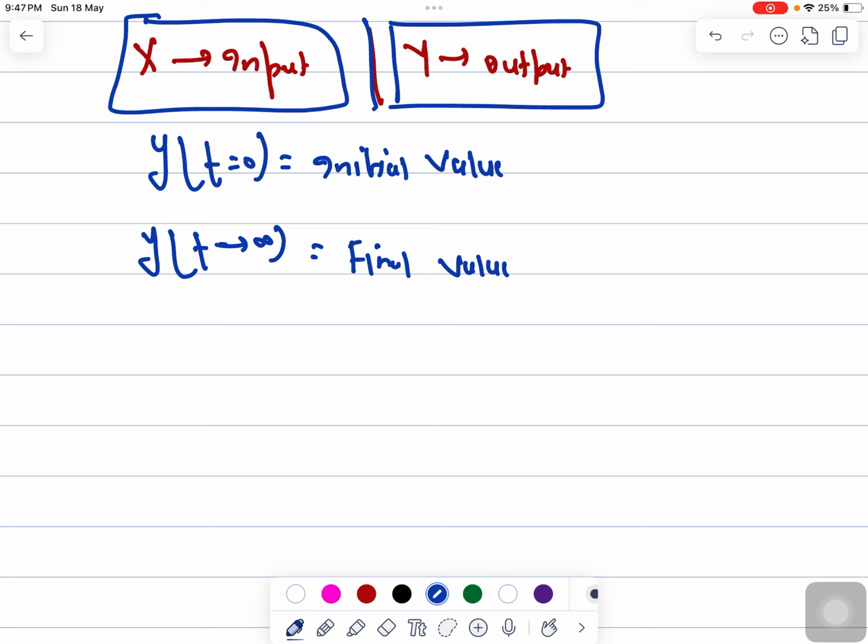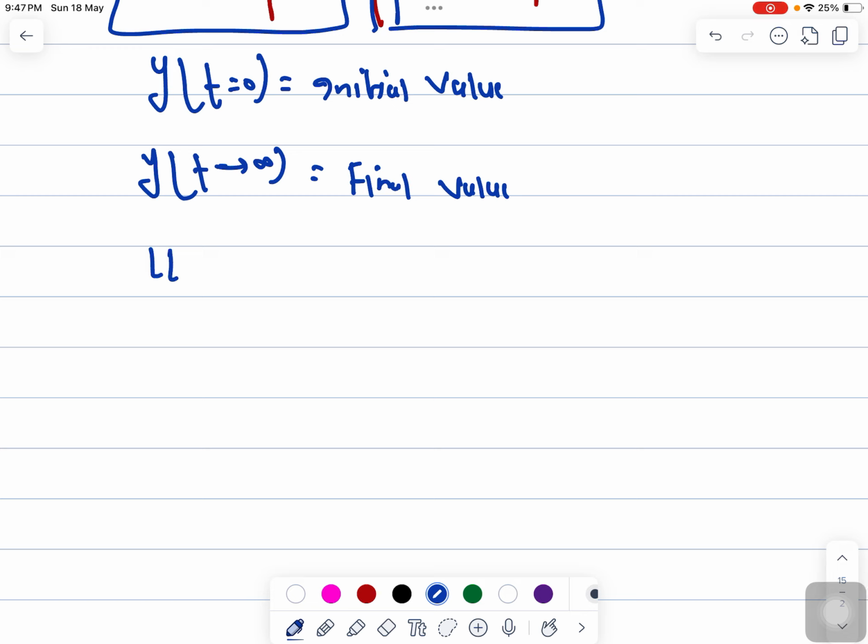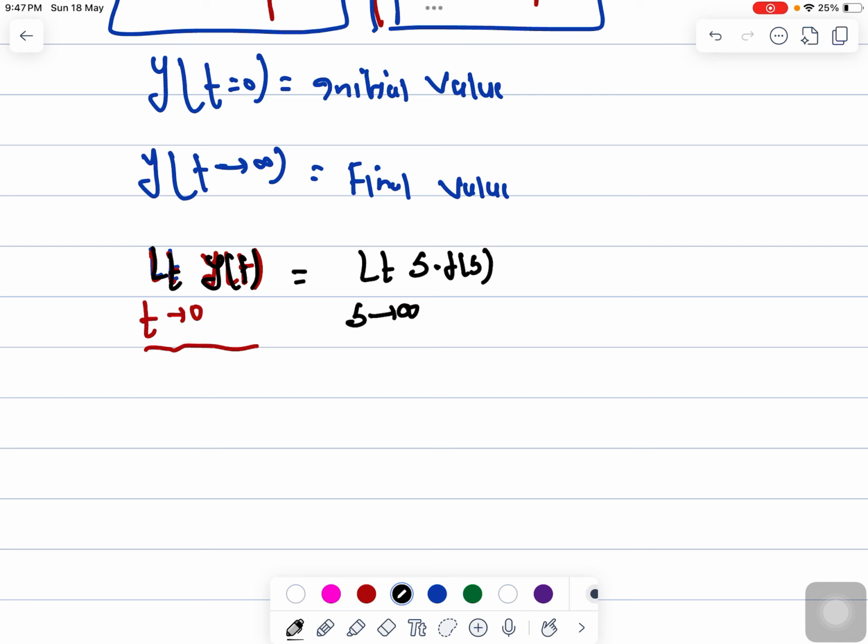So what the initial value theorem says is that the initial value of the function, in the t domain, limit of y(t) as t tends to 0, will be equal to the limit as s tends to infinity of s into F(s), right?